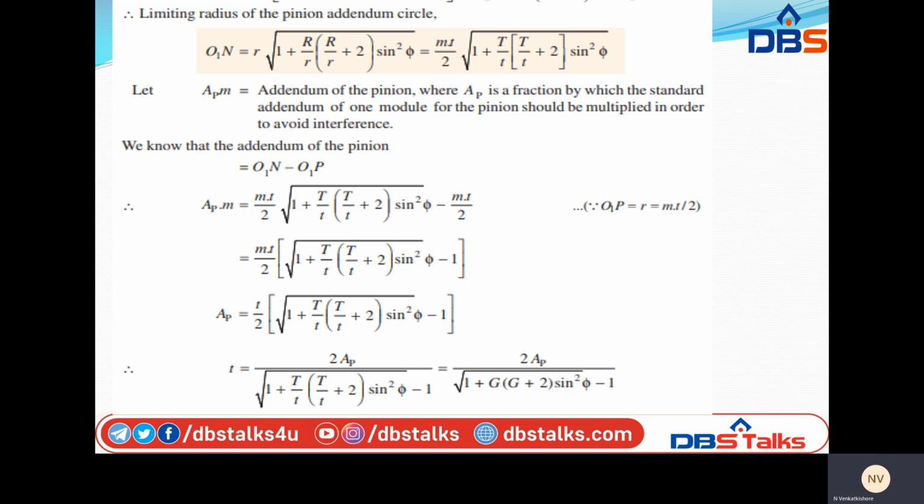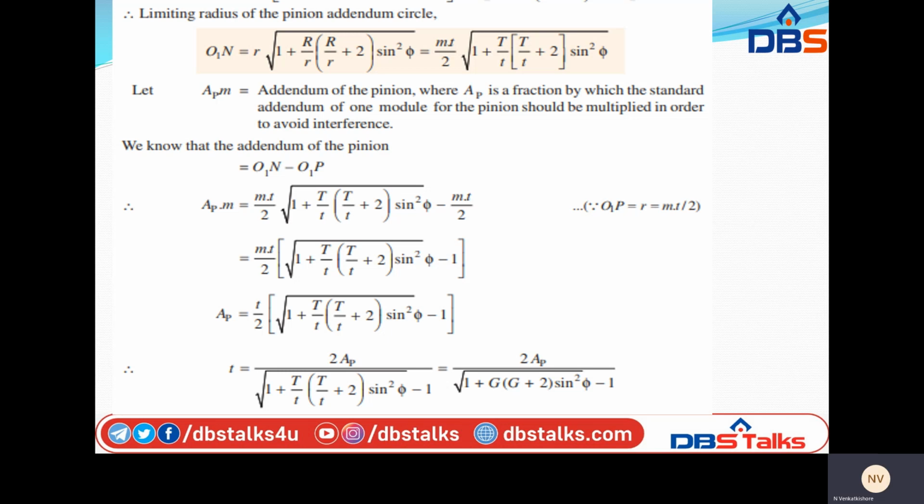or otherwise the gear ratio. Now, what is the final formula?